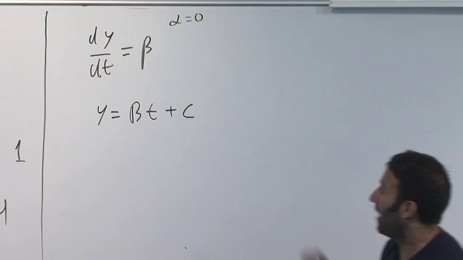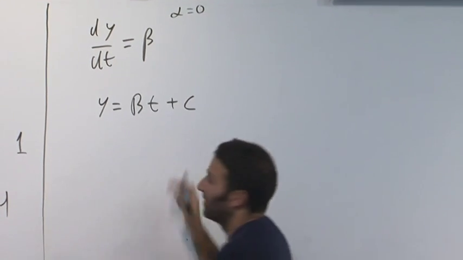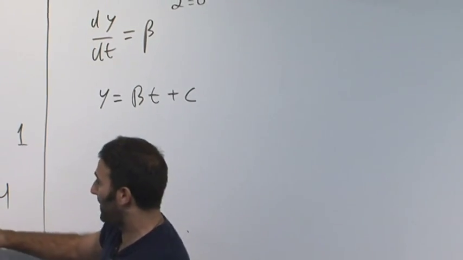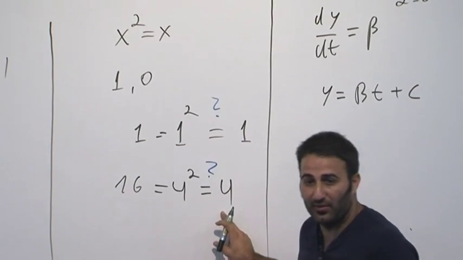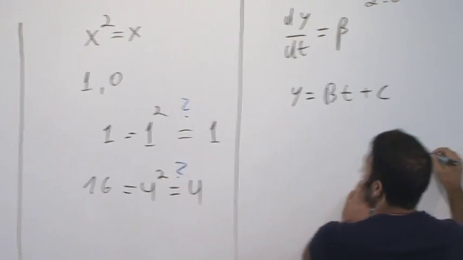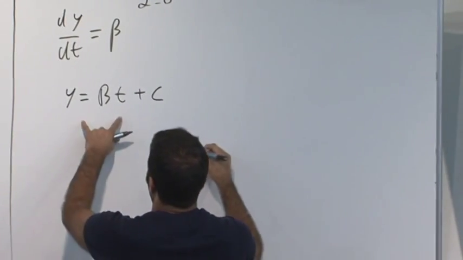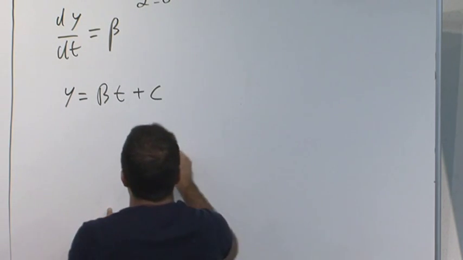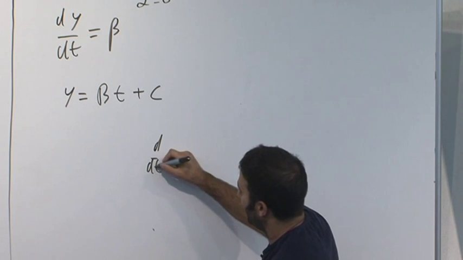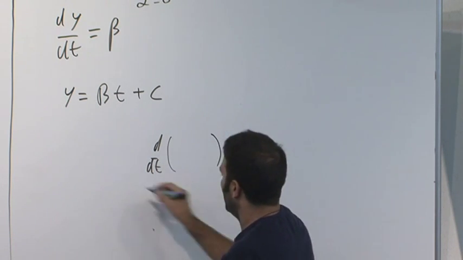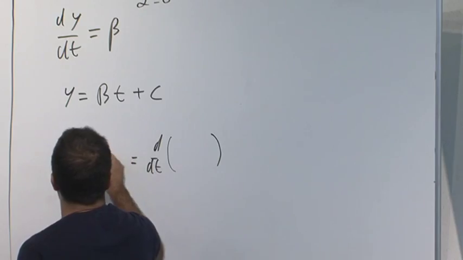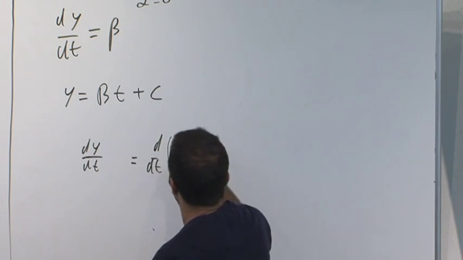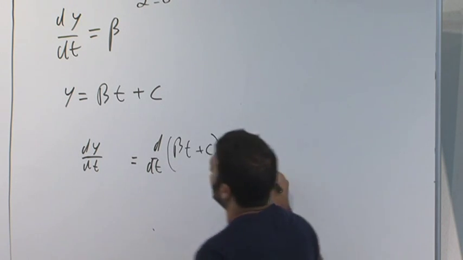Okay? How do I know it? Maybe I don't know it. How can I check if it's the right solution? Like we did here, right? We plug it back in the equation and we see if it's solved. So if I'm claiming this is y, I need to take the derivative of it, d over dt of y, which is d over dt of beta t plus c.